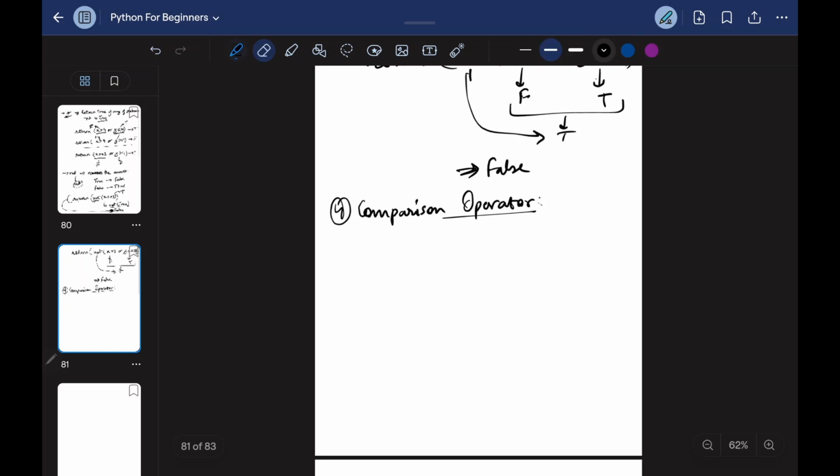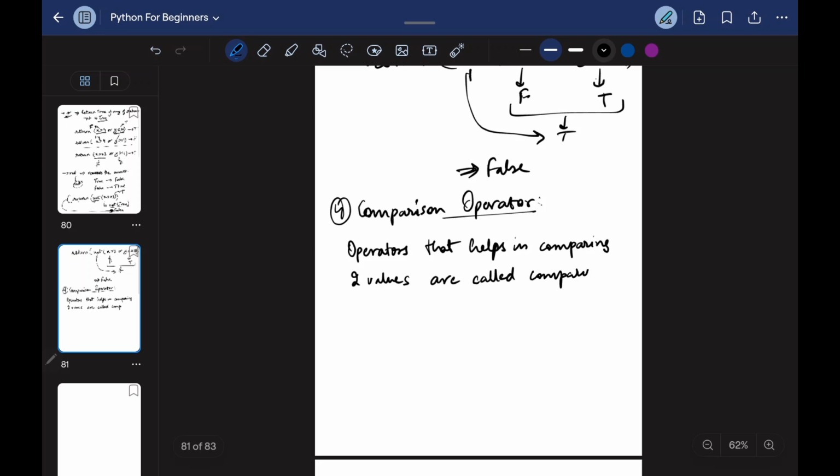Operators that help in comparing two values are called comparison operators.